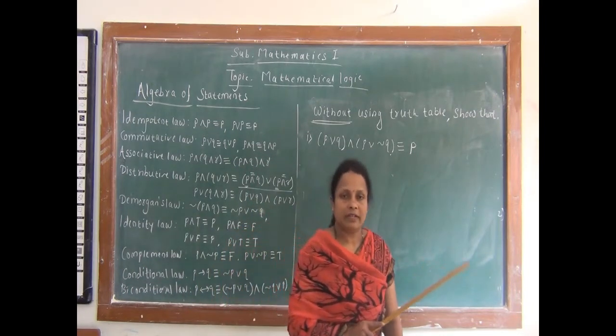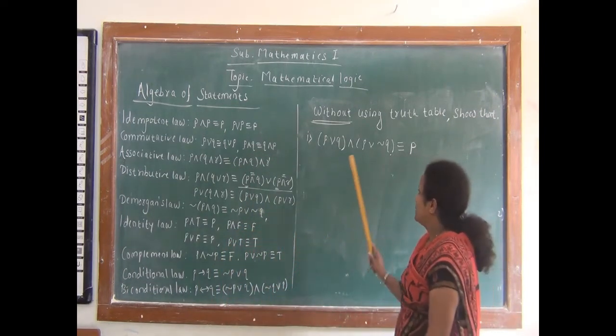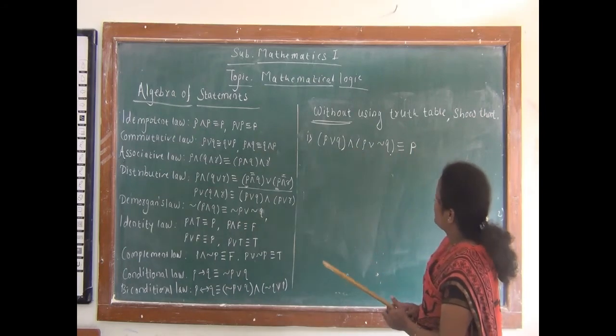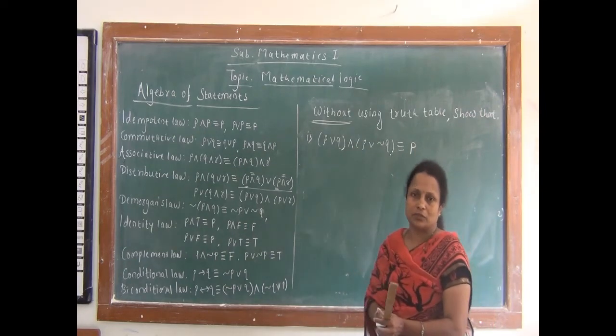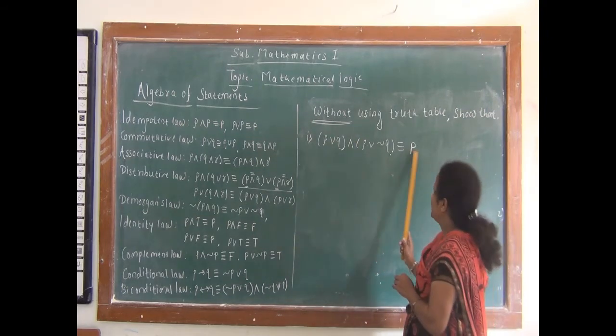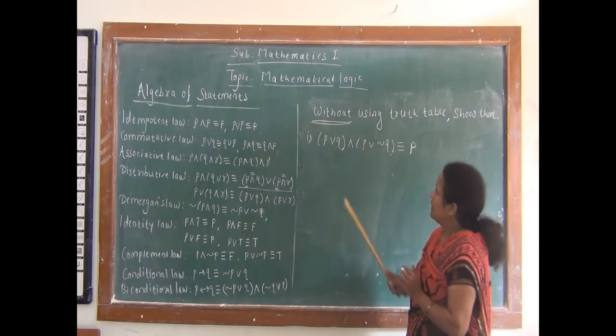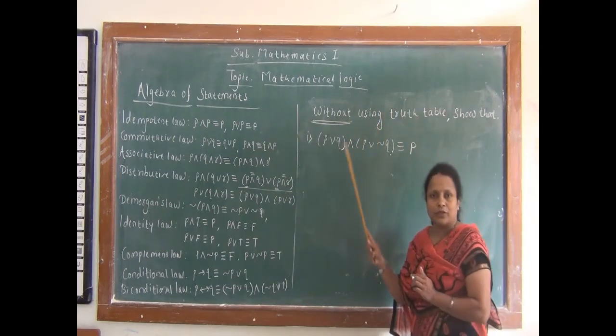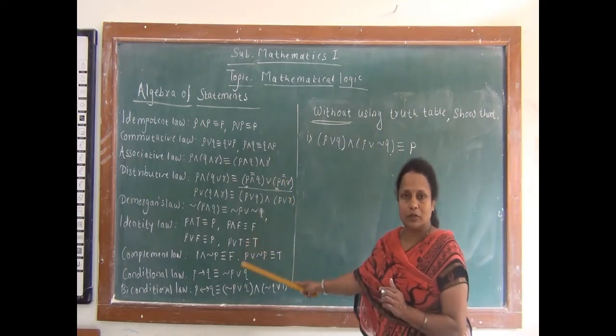So remember this type of question. We solve this equivalence either by using a truth table or by using laws of logic. When it is given by using truth table, you prove this equivalence by using a truth table. When it is given without using, you use the laws of logic.